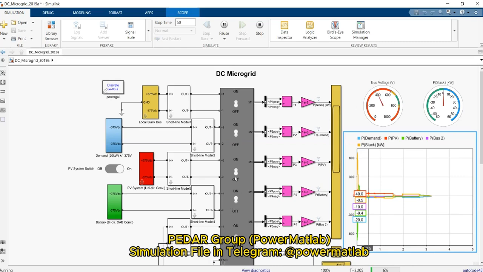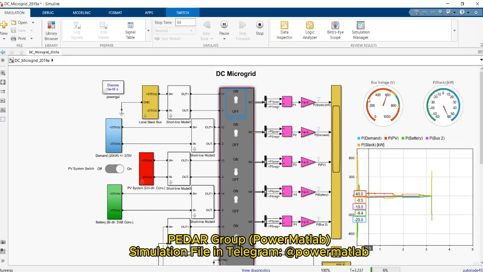So if I turn on the slack bus, the system gets back to the stable point.